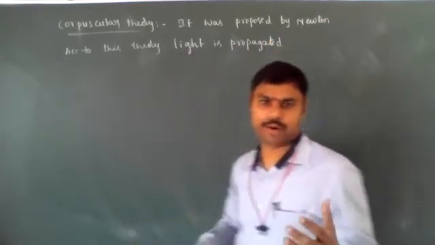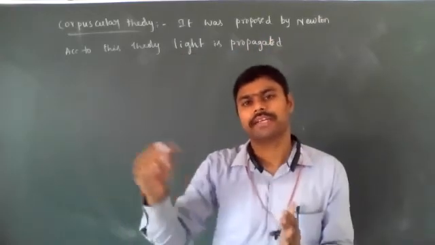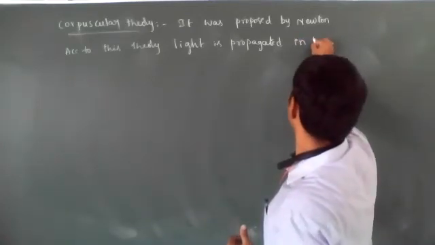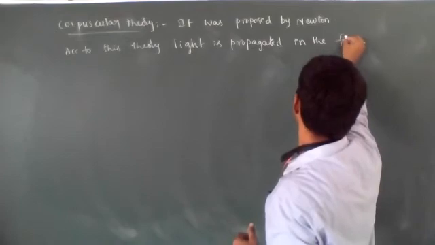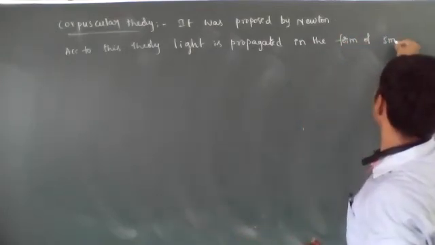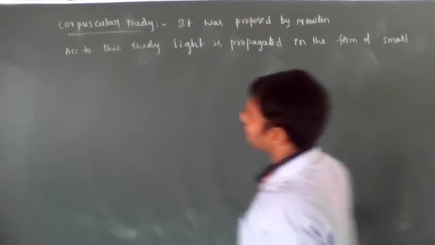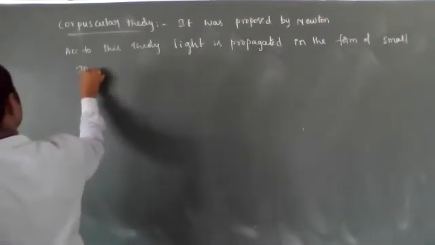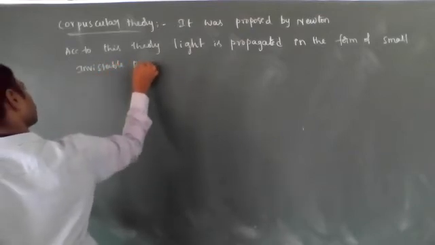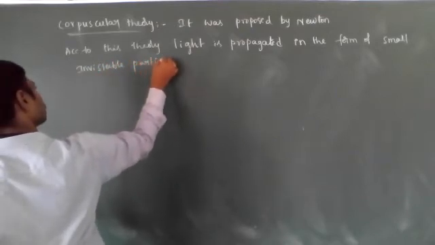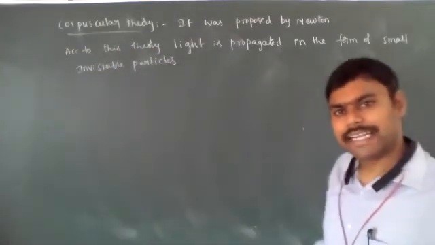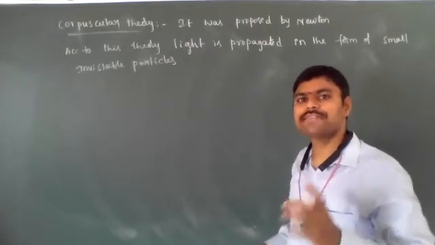Propagated means traveling from one place to another place. So light is propagated in the form of small invisible particles.